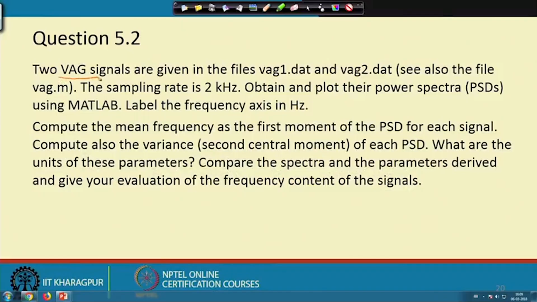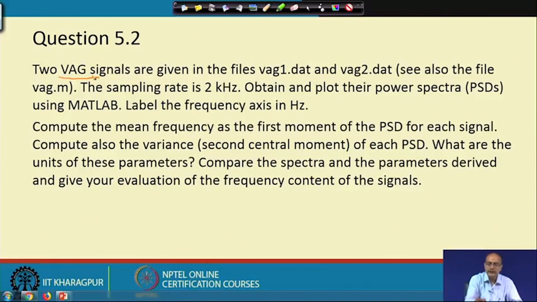The second problem, we take two VAG signals, that is vibroarthrogram. The two signals VAG1.dat and VAG2.dat are sampled at the frequency 2 kilohertz.